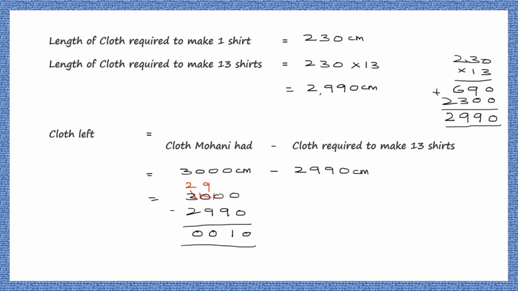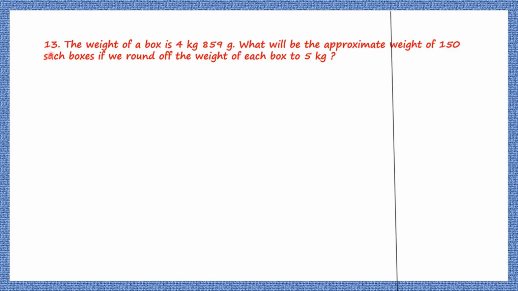So the cloth left is 10 centimeters. So we've got both the answers. Our first answer was how many shirts were made, and we found out that 13 shirts were made. And now the other part is how much of cloth is left, and we found that there is 10 centimeters of cloth left.